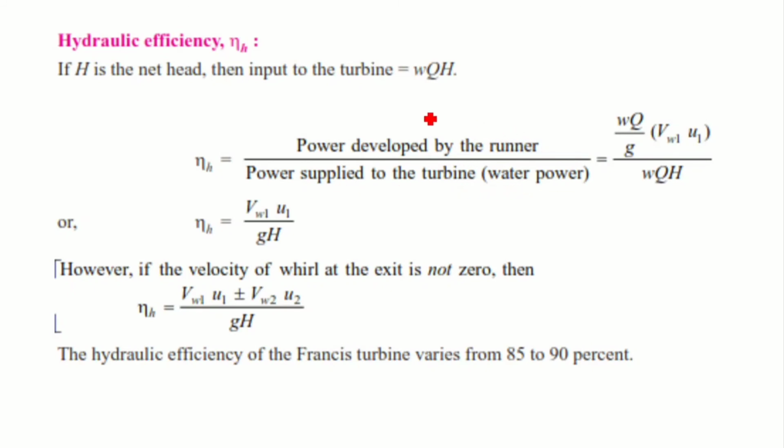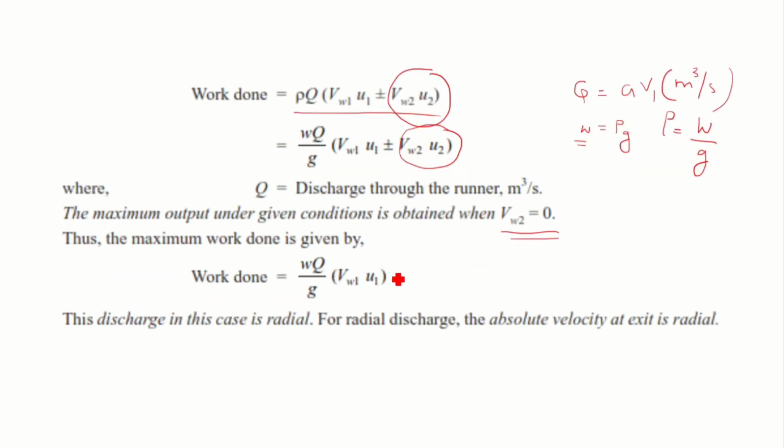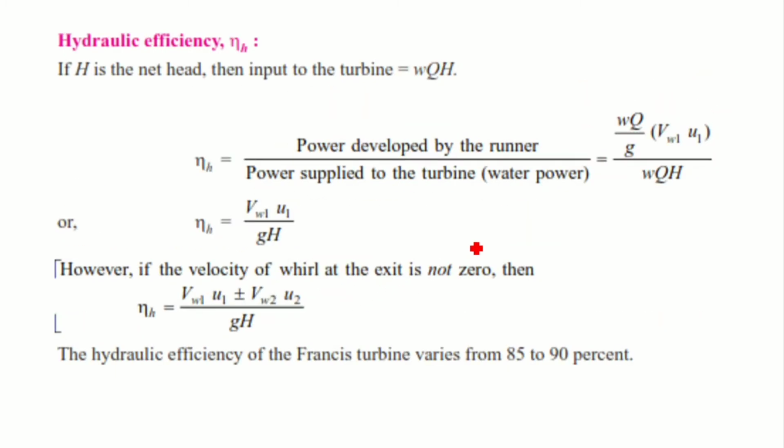Power developed by the runner is the work done per second, which is WQ by g into VW1 U1, and power supplied to the turbine is equal to WQH. Cancelling out these terms, the final equation becomes VW1 U1 divided by g into H.